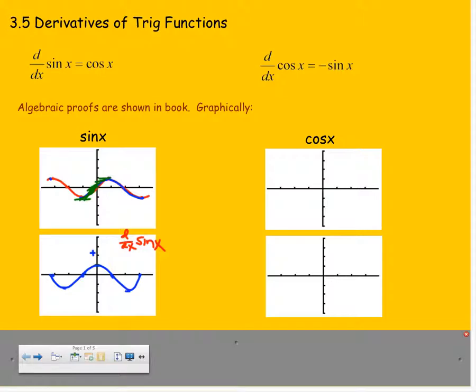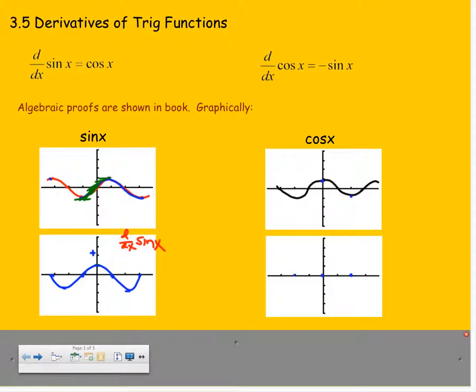Now I'm going to do the same thing, only I'll graph cosine first. I'm going to be a little quicker this time, because we've done this once already. That's a sort of sloppy graph of cosine. Now if I want to graph the derivative, any place that there is a max or min, I want to do a 0. Max or min is 0. Max or min is 0. Right here.